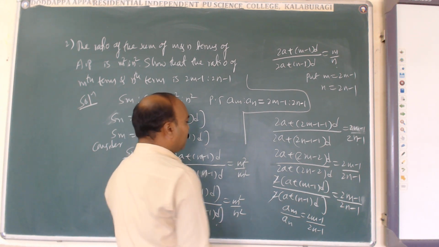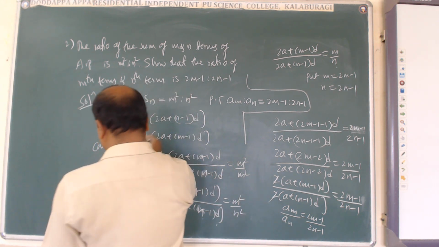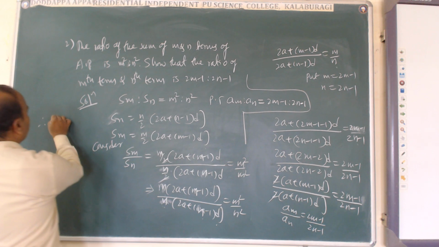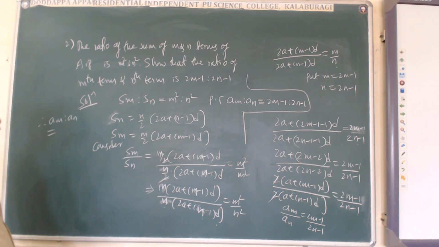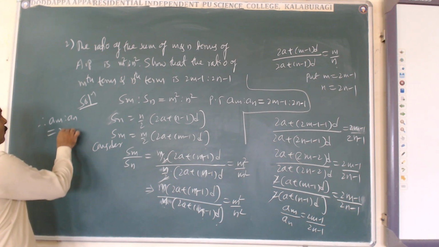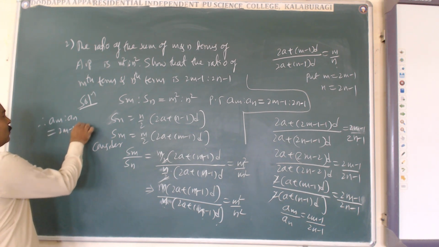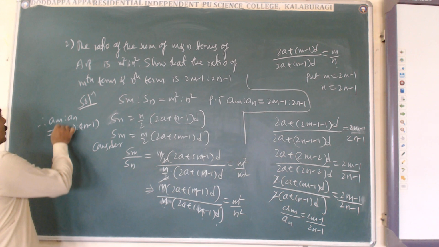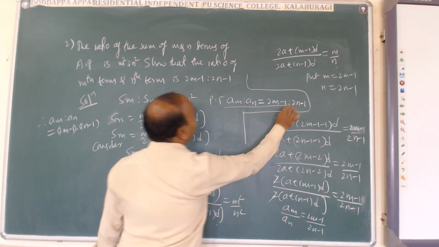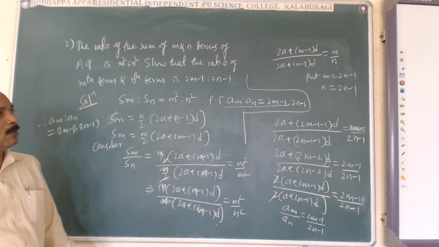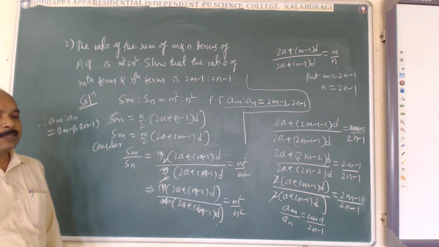Therefore we proved this condition. Therefore we got am is to an equal to 2m minus 1 is to 2n minus 1. This is the proof of the given example. This we have to prove: am is to an equal to 2m minus 1 is to 2n minus 1.